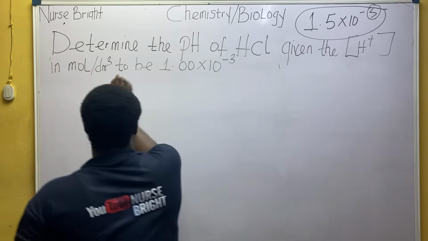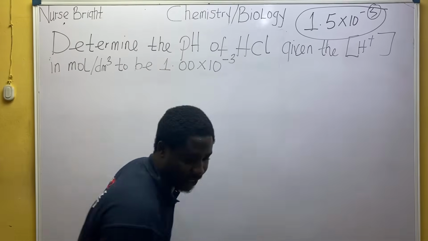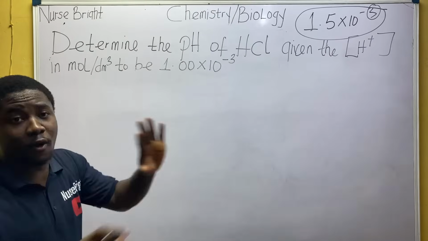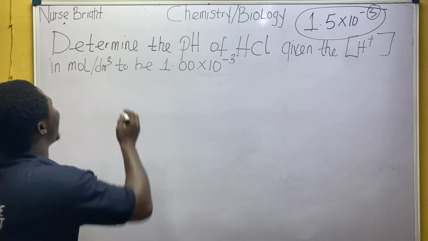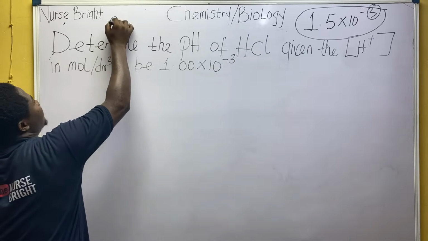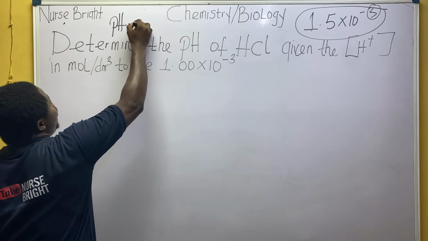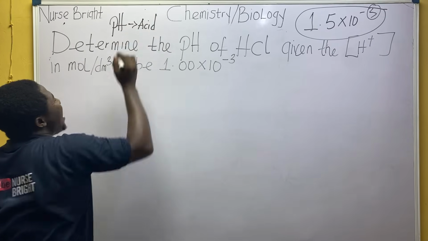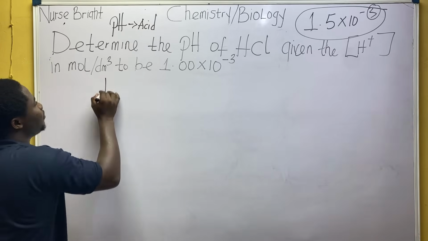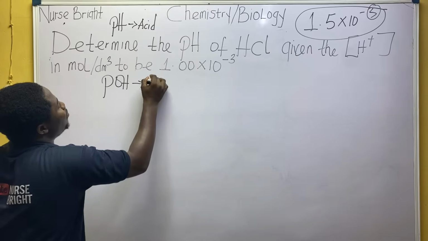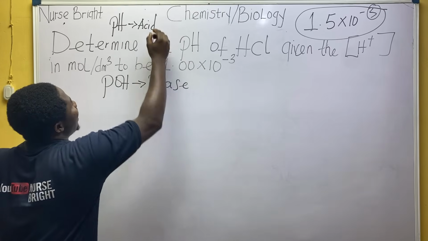Everybody listen. Now look at what we do. The question is straightforward here. It says, calculate the pH of HCl. Remember, the topic is not pH concept. pH deals with acid, whereby pOH deals with bases.